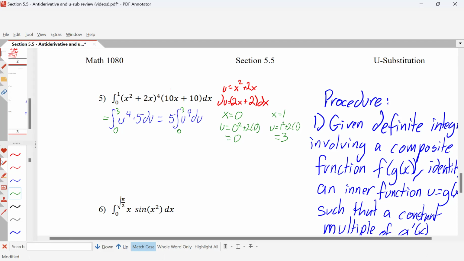So evaluating our u integral gives us 5 times, using the power rule, add 1 to the exponent and divide by the new exponent from 0 to 3, which is 3 to the 5th minus 0 to the 5th, and 3 to the 5th is 243.